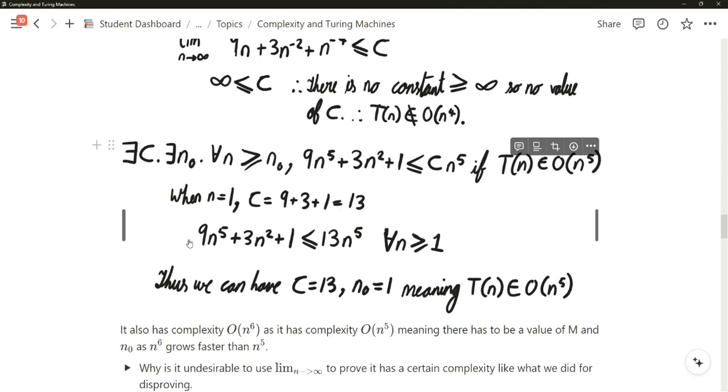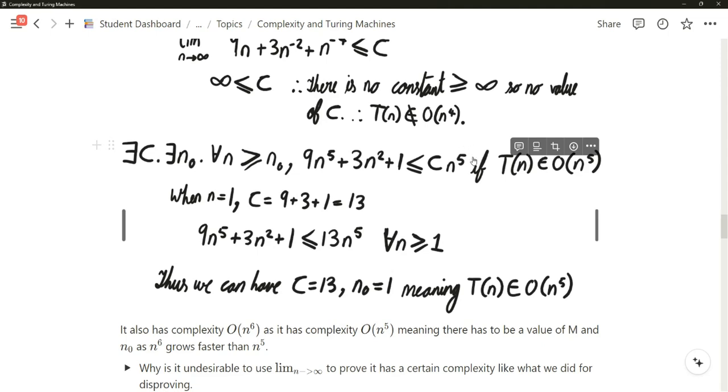Then 9n to the 5 plus 3n squared plus 1 is less than or equal to 13n to the 5. As you can see, when we subbed 1 in, it's just 9 multiplied by 1 plus 3 multiplied by 1 plus 1 is less than or equal to c multiplied by 1.